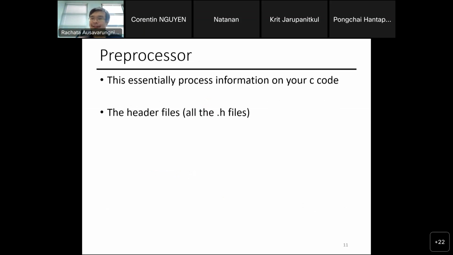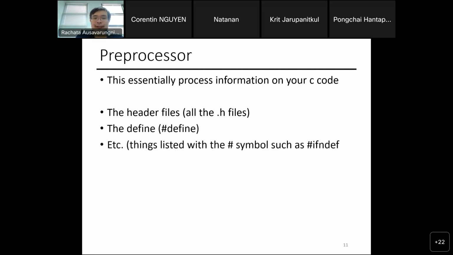So these are things like your header file, .h file. We'll talk about all these things in more detail soon. Things like pound define and things that are listed with the symbol pound followed by some syntax, like ifndef, if not defined, right?